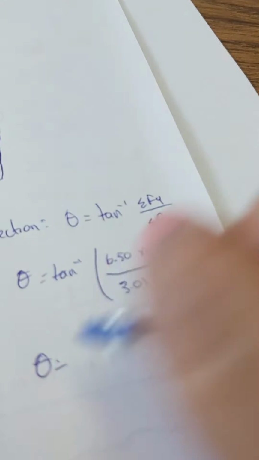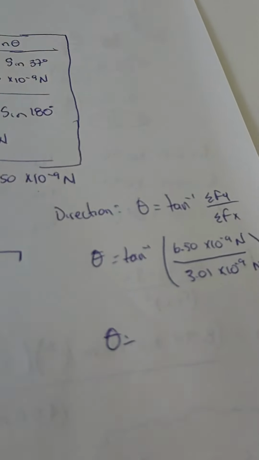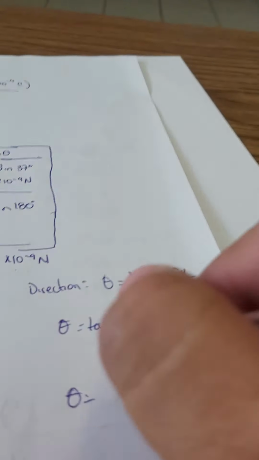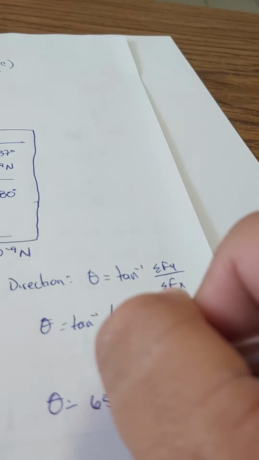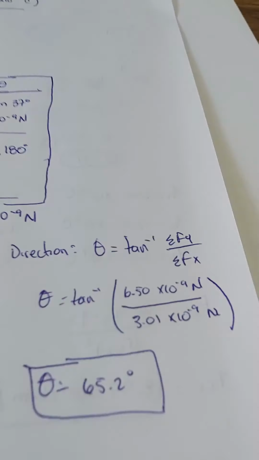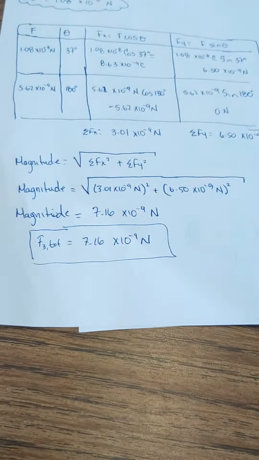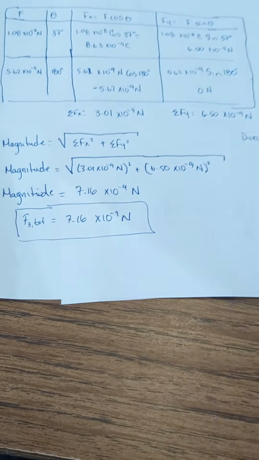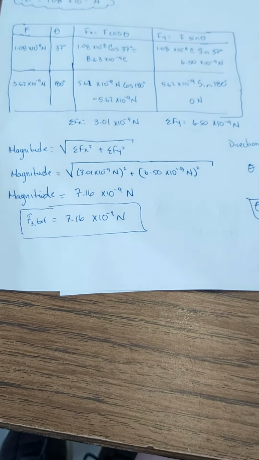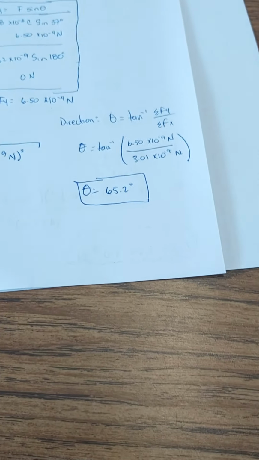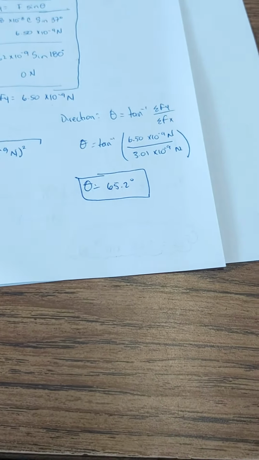So theta, that direction, will be about 65.2 degrees. So the magnitude of the total force on charge 3 is 7.16 times 10 to the negative 9 newton, and the direction is 65.2 degrees.